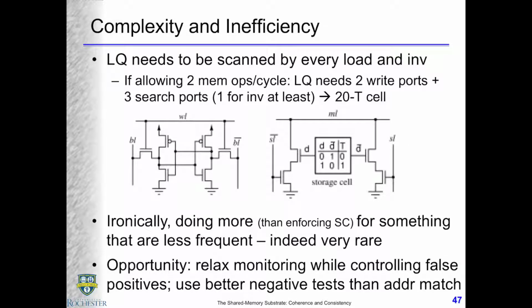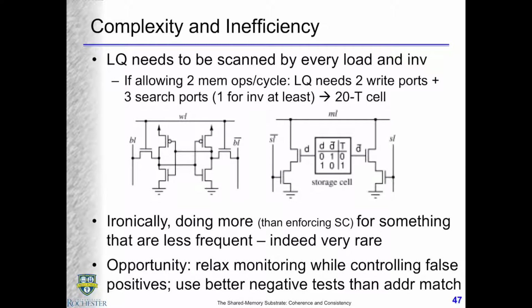So in this video, we're going to talk about some examples of an optimization of how things are done. Yes, you can use the LQ traditional approach. You're going to have a lot of ports and therefore transistors, and it's expensive.